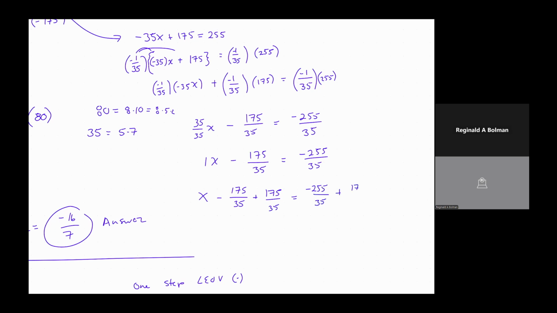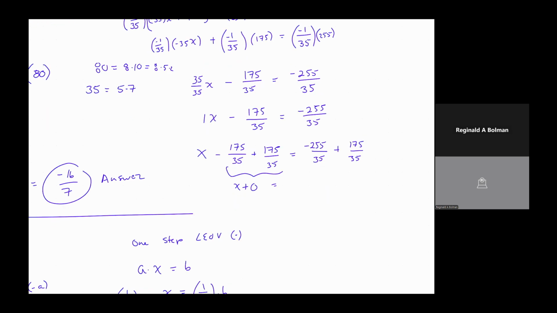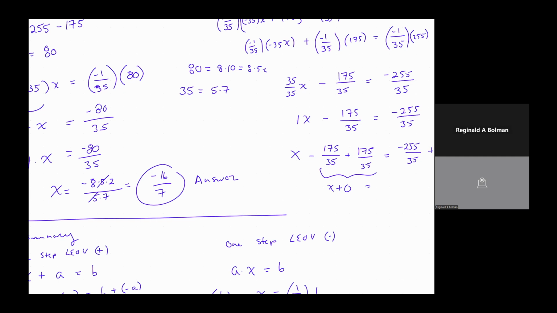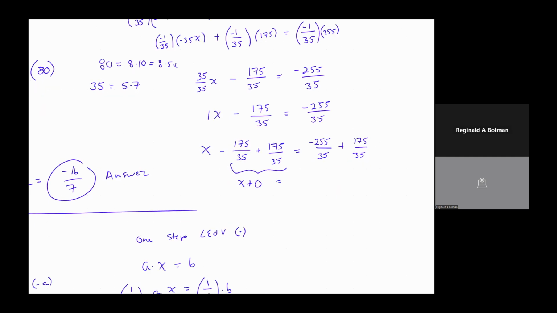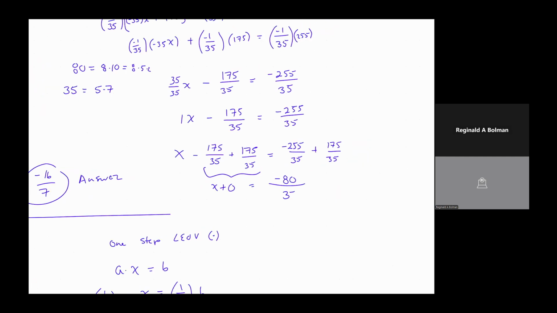And I have seen students do this. So you're going to get 0 plus x is equal to negative 255 plus 175 over 35. And that will be, of course, negative 80 over 35 when you simplify that out. So you get x is equal to negative 80 over 35.